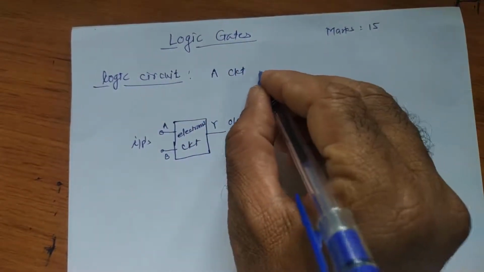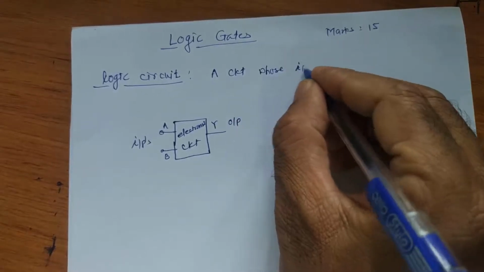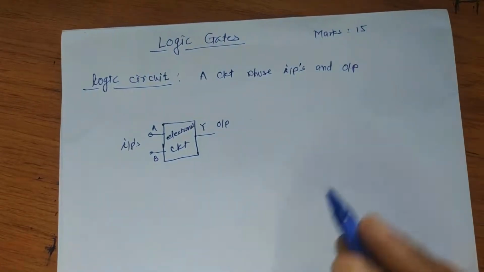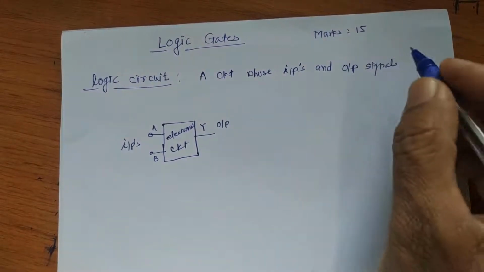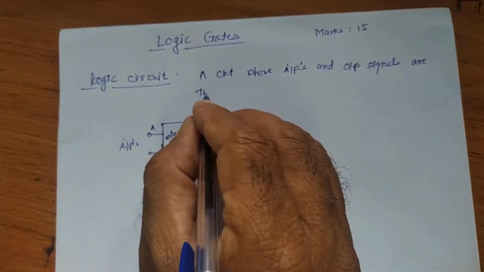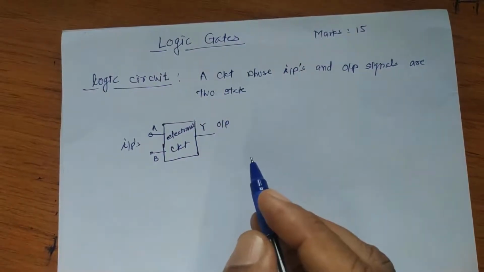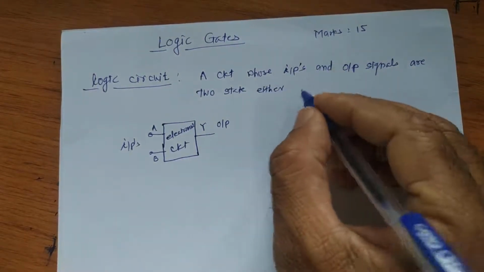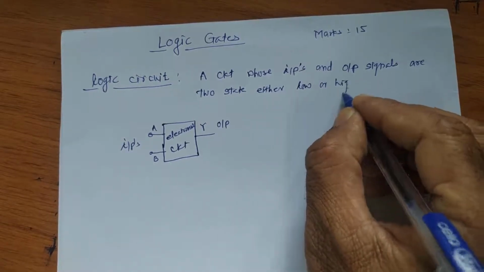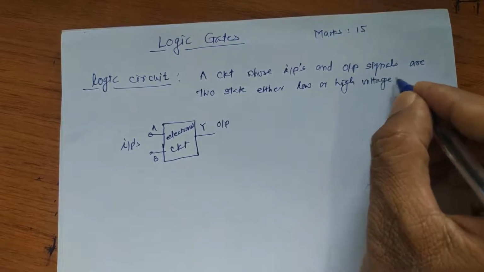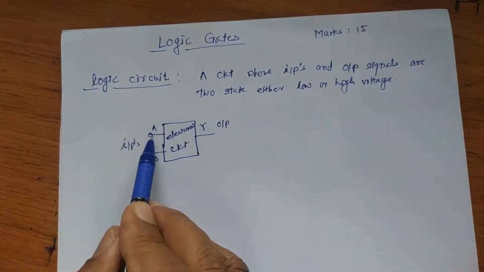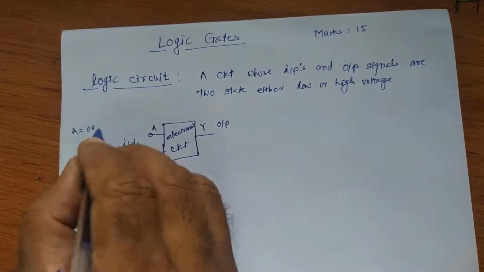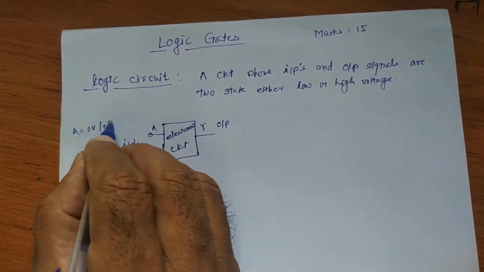That means suppose the input A may be 0 volt or, for example, plus 5 volt.